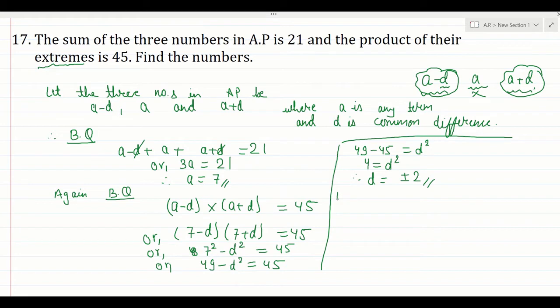Okay, now when D is equal to 2, A equal to how much? 7.